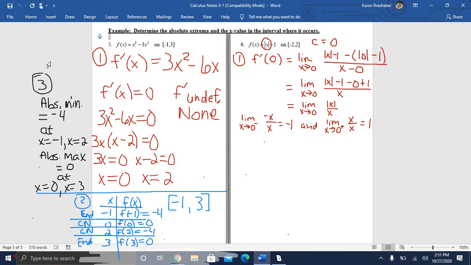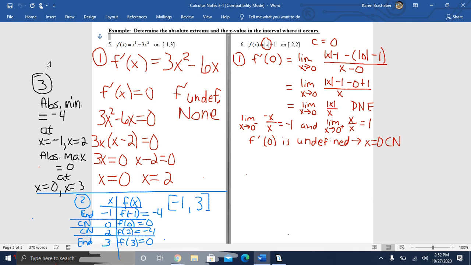We see that f prime of 0, so the limit does not exist, and therefore f prime of 0 is undefined, which means that x equals 0 is a critical number. So we did all of that work so that we could find our critical number to be x equals 0.